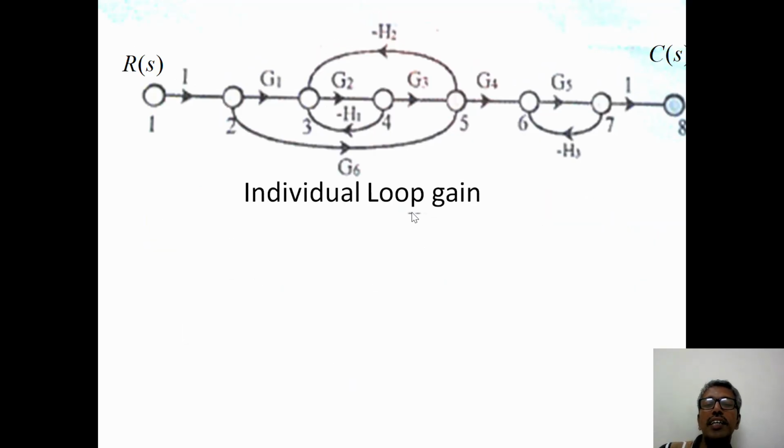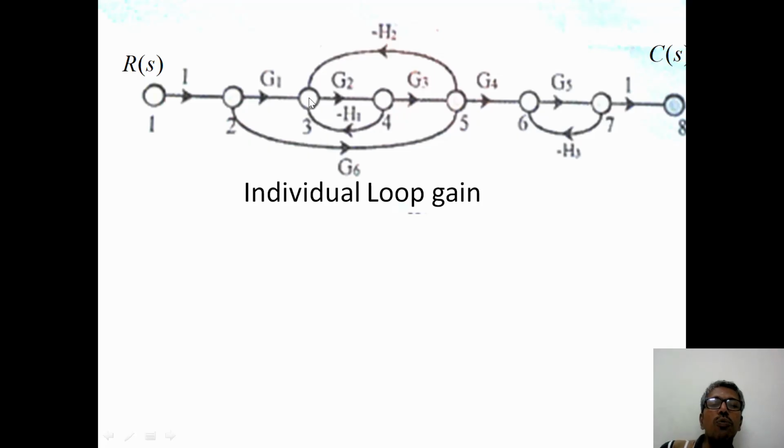A loop is nothing but a path whose starting point and ending point are the same. For example, here point 3 starts, goes to 4, then comes back to point 3 through minus H1. So this belongs to a loop.